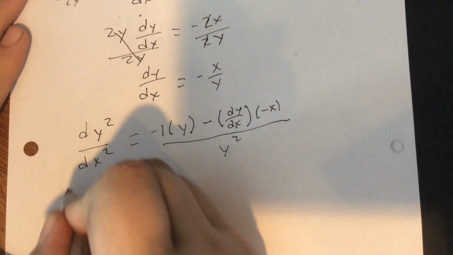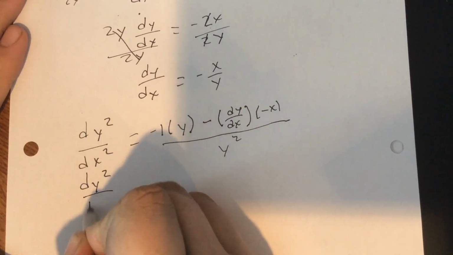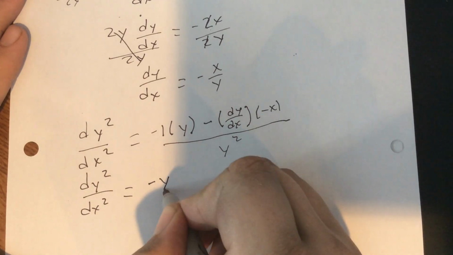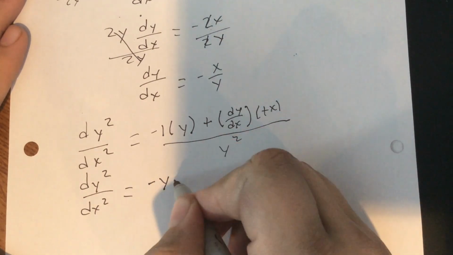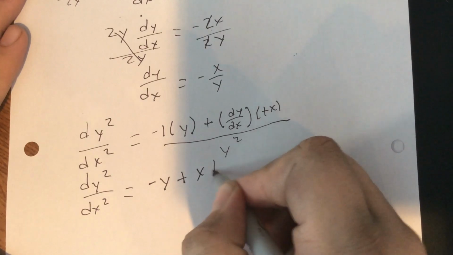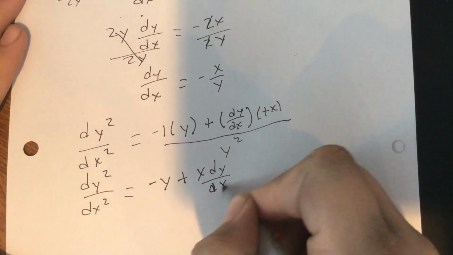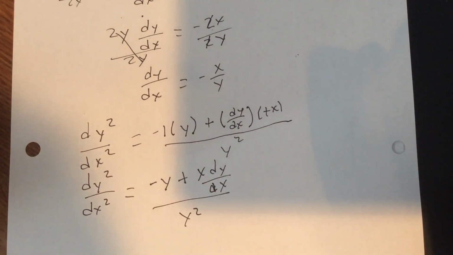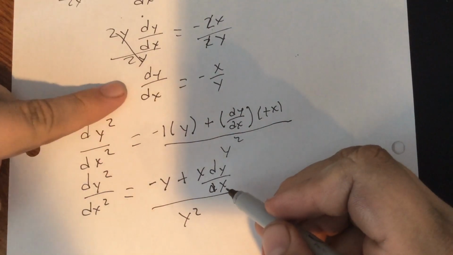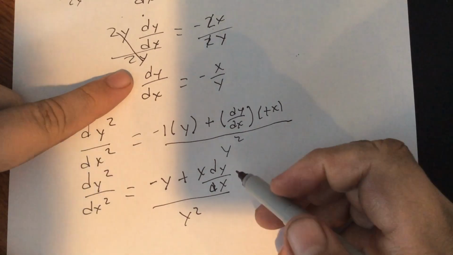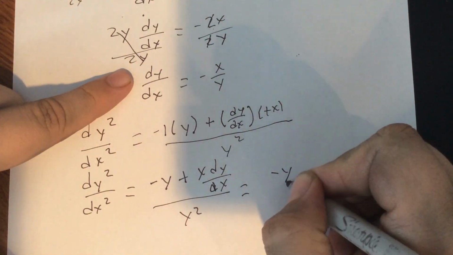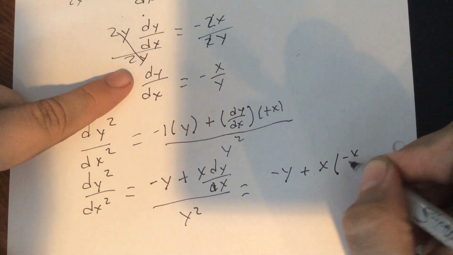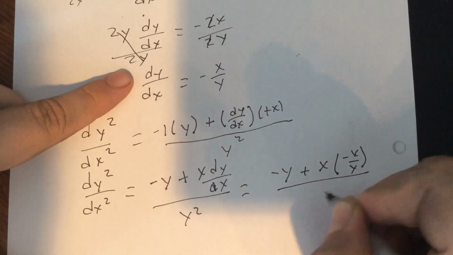If we simplify now, negative 1 times y would be a negative y. These here would cancel, be a plus x dy over dx over y squared. Well, what is dy dx? We already found it here, so we can sub that in. So this is actually going to be negative y plus x times negative x over y, all over y squared.